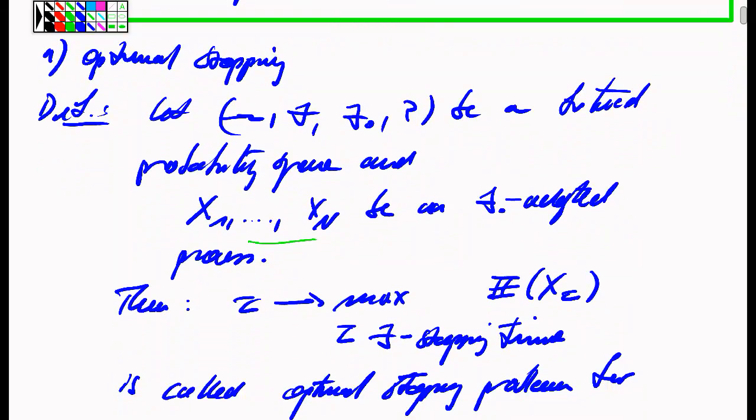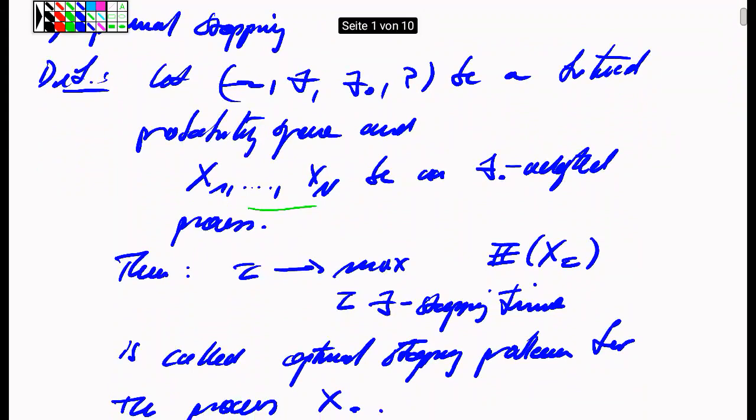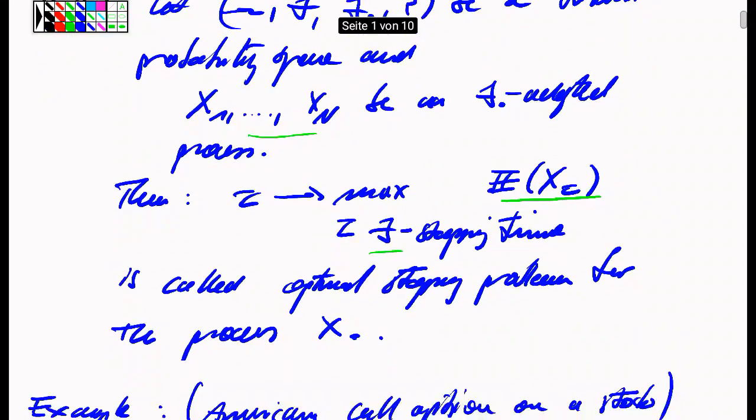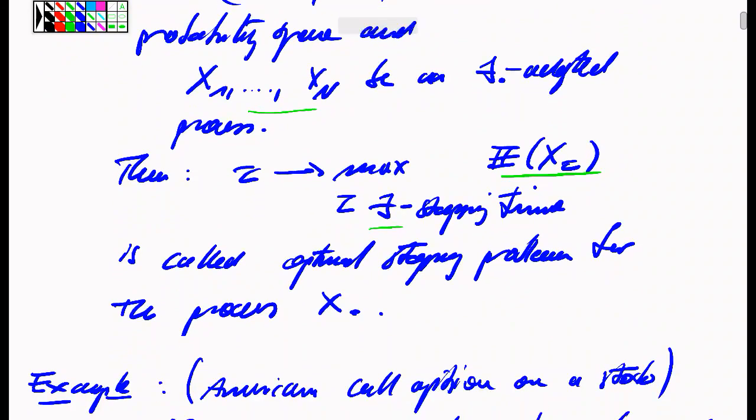Then we want to consider the problem of optimal stopping as follows, namely, we want to maximize the expected value of the random variable which is obtained by evaluating this sequence of random variables, considered as an adapted process, at a stopping time tau, and we want to maximize this within the class of all possible stopping times relative to this given filtration F. This is what we understand as the optimal stopping problem.